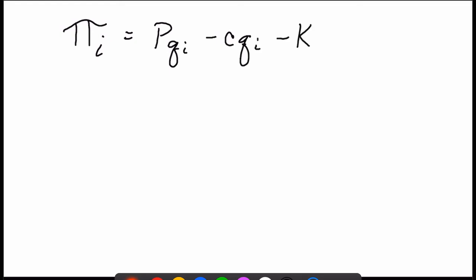So that means the profit of firm I would be P times QI minus C times QI minus K. Okay? P times Q, right? So this is total revenue, and that's total cost. Profit equals revenue minus cost.